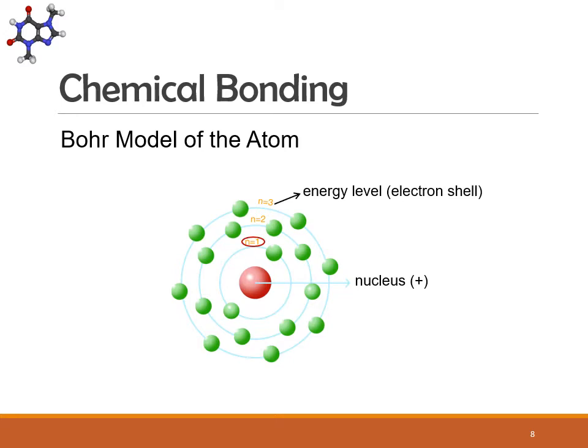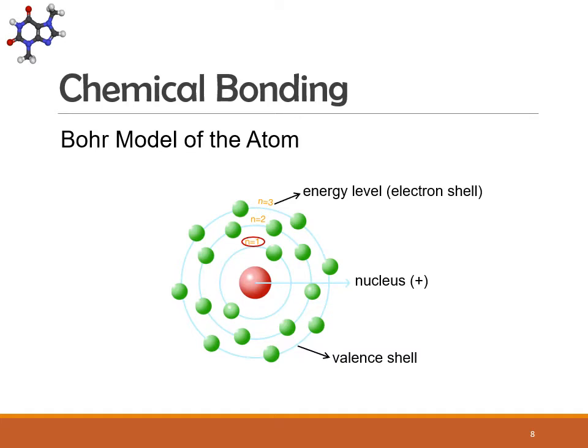Energy levels are designated by a number and the symbol N. The 1N shell represents the atom's first energy level. The 1N shell can hold a maximum of 2 electrons. The 2N shell can hold up to 8 electrons, and the 3N shell can hold up to 18.